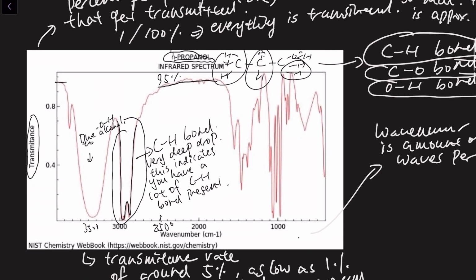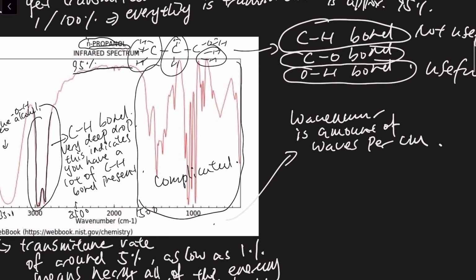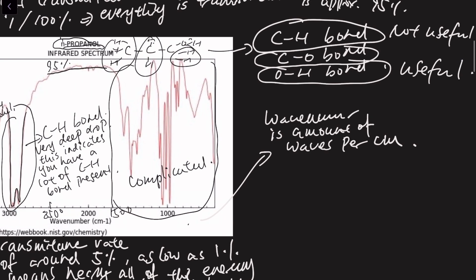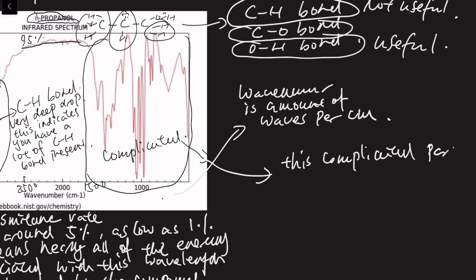And if you go towards this region, anything below 1500 wave number, you can see something very complicated, and it's really difficult to identify which peak corresponds to which substance. So this complicated part is called the fingerprint region.